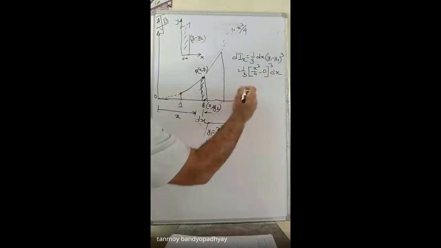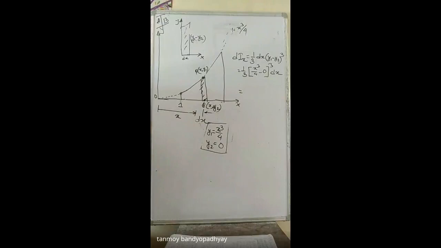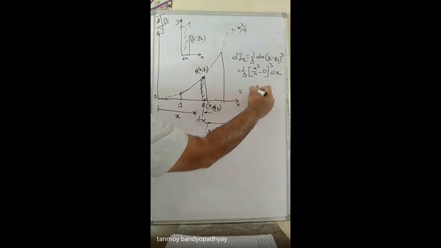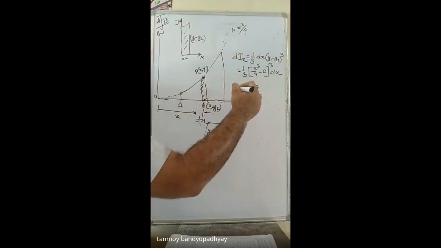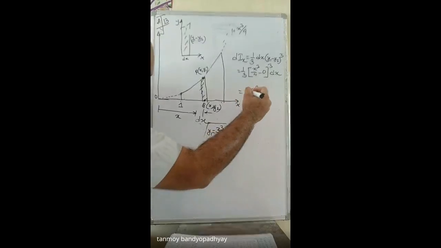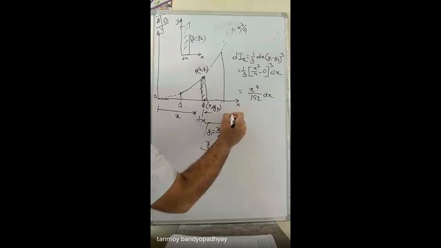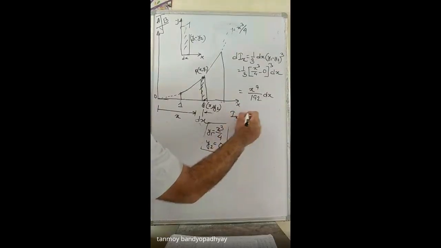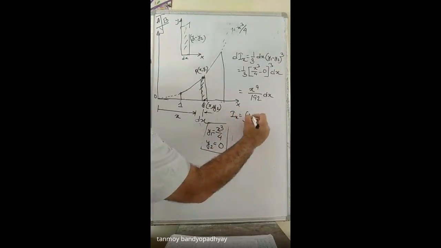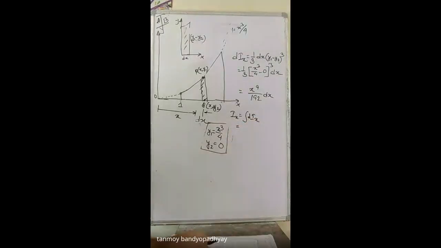There is a cube here also. So it should be x to the power 9 divided by 192 dx, I think. Now you do integration. So Ix is equal to the integral of dIx. You calculate this one.